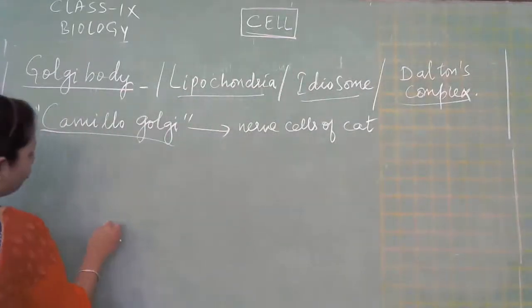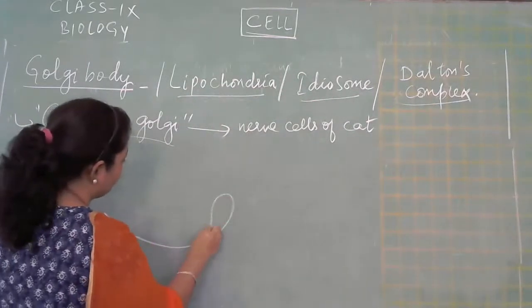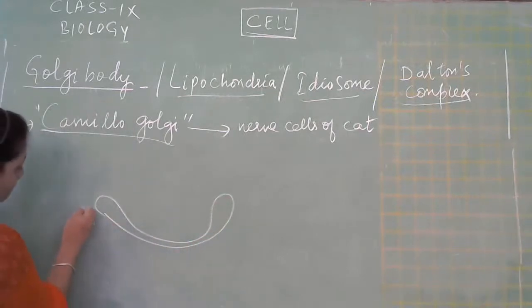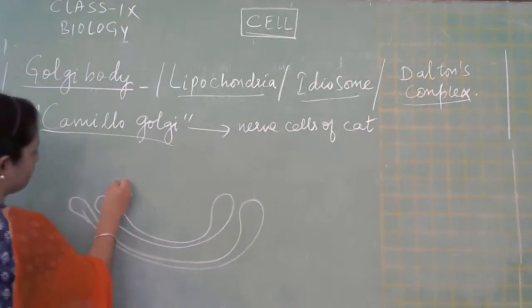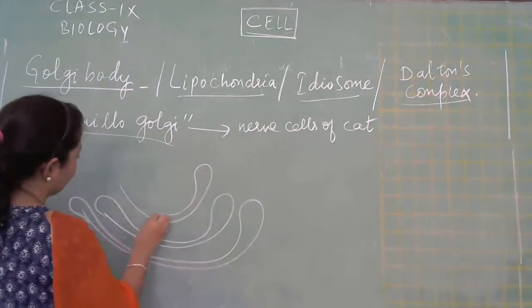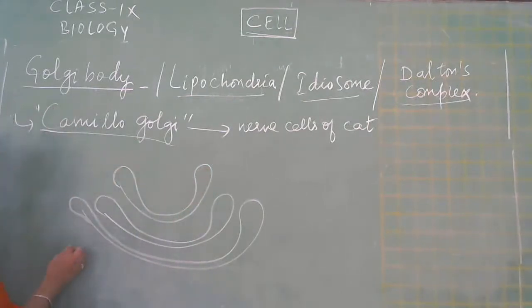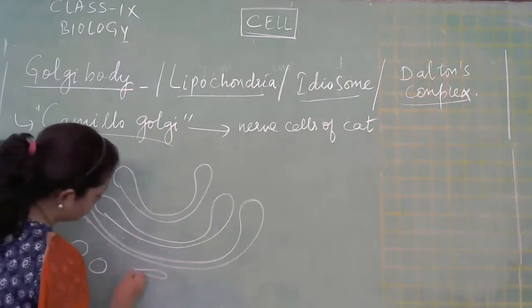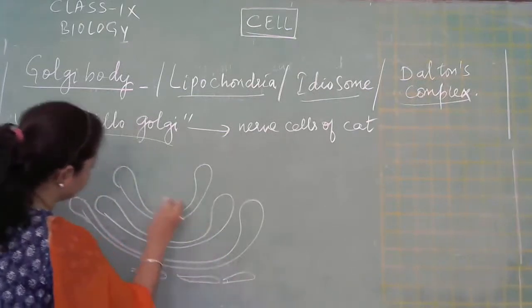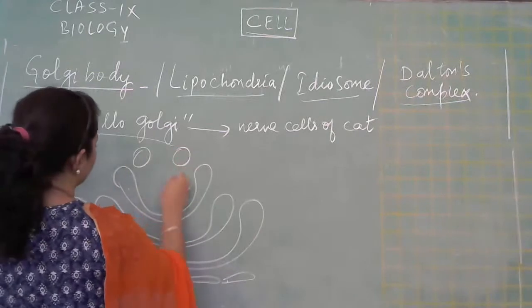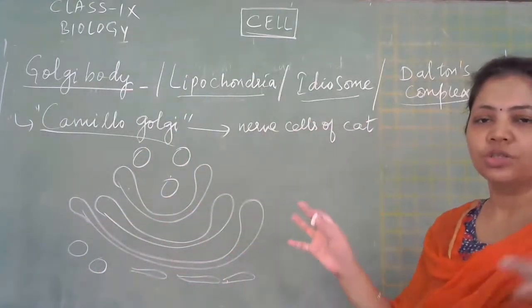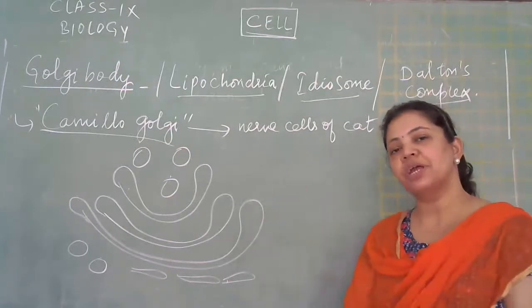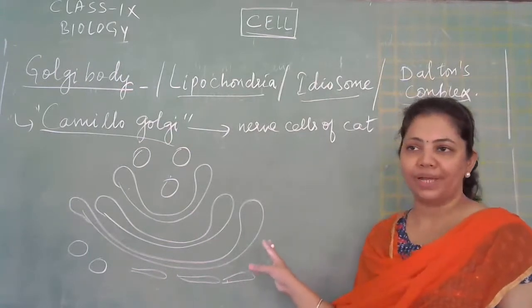Now structure wise, like this we see. Okay, so that is the outline figure diagram for a Golgi complex.